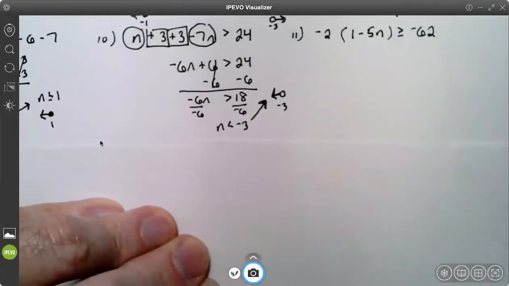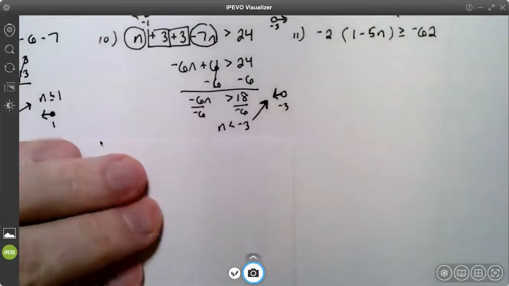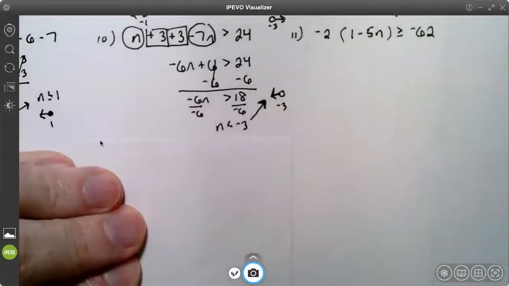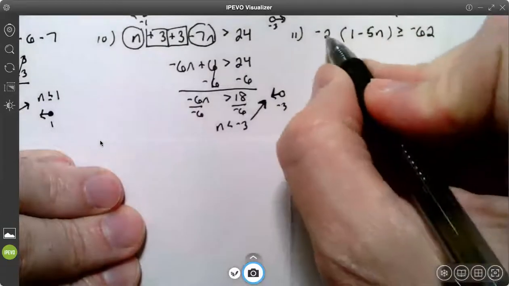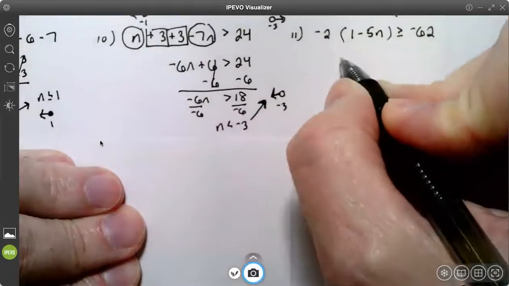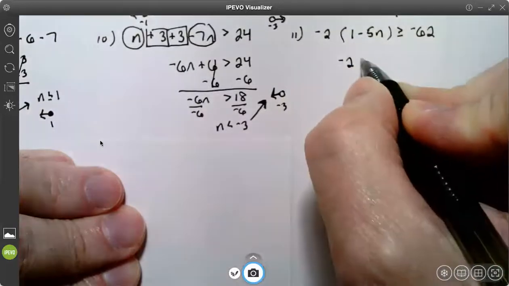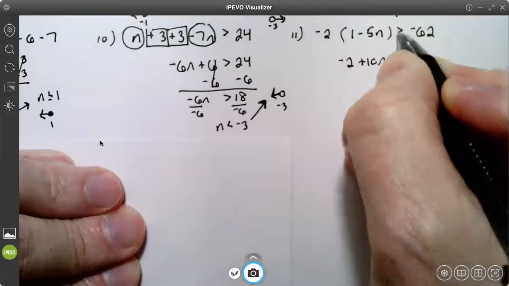All right, number 11. On number 11, on the left side, I distribute the -2. -2 times 1 is -2. -2 times -5n is +10n.